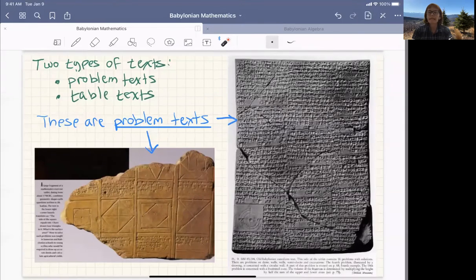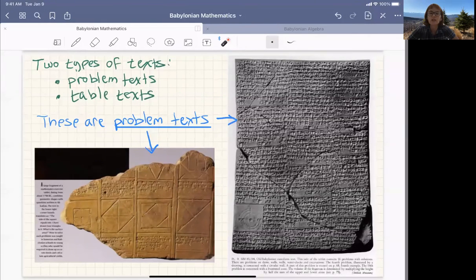Now, the problem texts probably serve the same purpose as the Egyptian problem texts, namely as an educational tool, kind of like a textbook to teach other scribes how to solve these problems. But the problems themselves often were real world problems that scribes needed to work on.